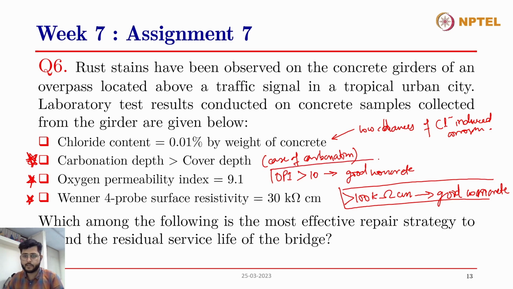Surface resistivity of greater than 100 kilo ohm centimeter, and we see that it is only 30. So the surface resistivity test also indicates that the resistivity of the system is poor. It is highly conductive. It has highly permeable pores, and the pore connectivity might also be high, and therefore, as Dr. Satish has also mentioned, this is a pure case of carbonation and poor quality of concrete, and the chances of chloride induced corrosion are very low, right?